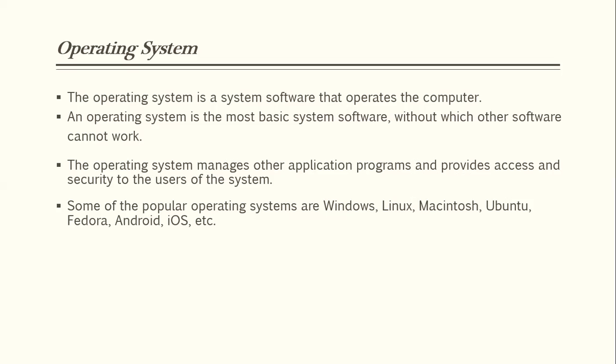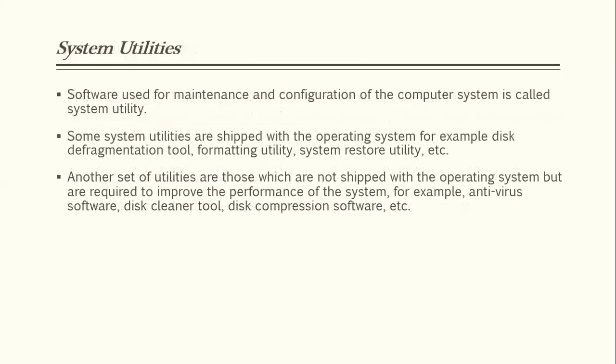An operating system is the most basic system software without which other softwares cannot work. The operating system manages other application programs and provides access and security to the users of the system. Some of the popular operating systems are Windows, Linux, Macintosh, Ubuntu, Fedora, etc.